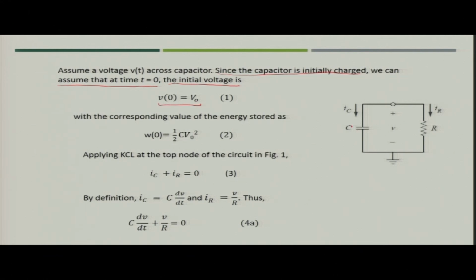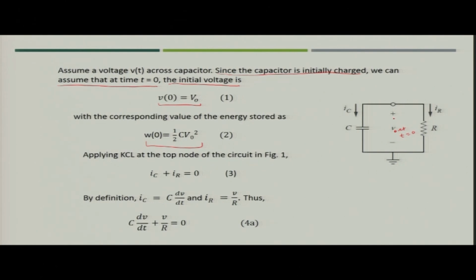This initial voltage is across the capacitor at time t equal to 0. The energy stored in the capacitor would be half C V naught square.